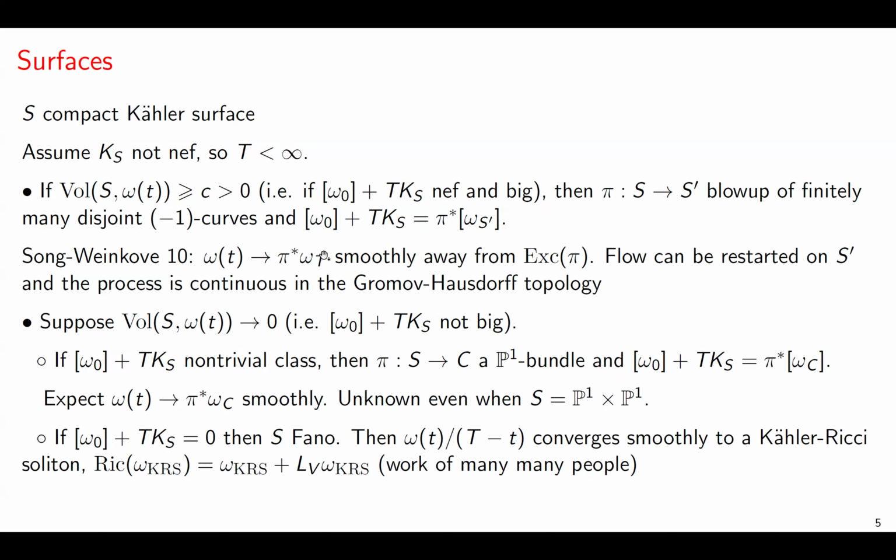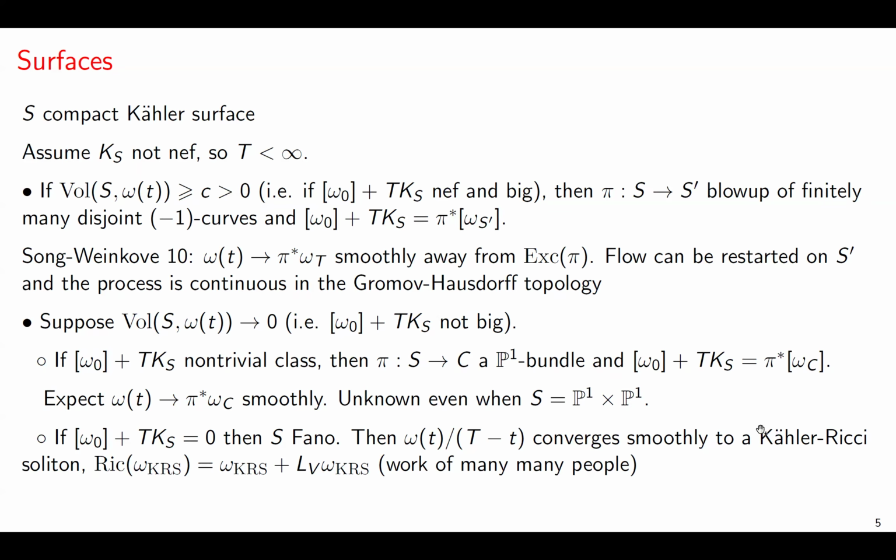This metric omega_t, in general, is singular at those points in S prime where you are blowing up. However, even though it's singular at these points, you can still restart the flow by some regularization procedure. And the flow continues on S prime, and the whole process they prove is continuous in the Gromov-Hausdorff topology.